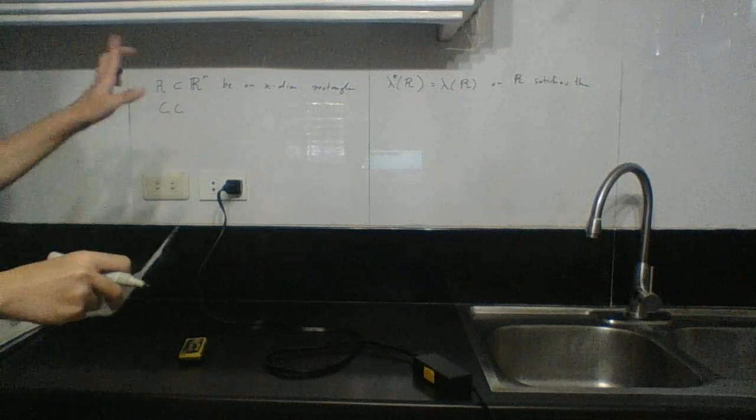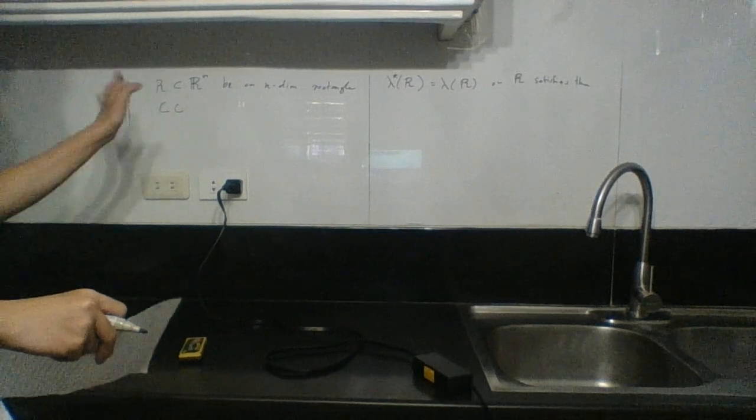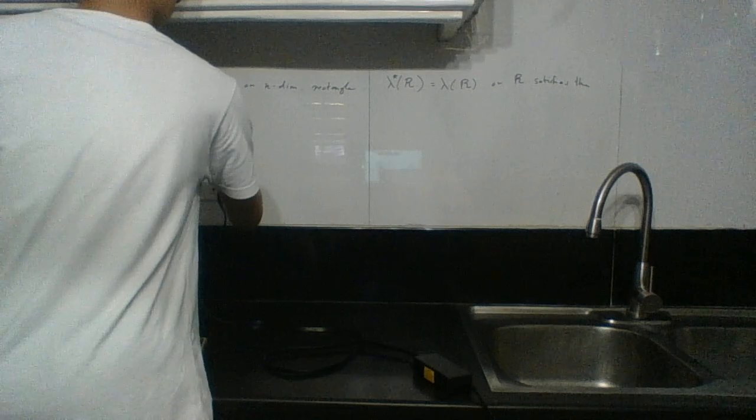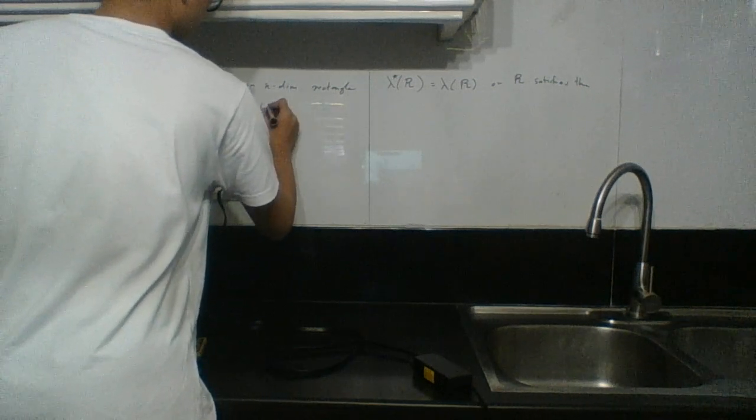Another thing to note is that when a set of R^n satisfies the Carathéodory criterion, we call it Lebesgue measurable. Or R is Lebesgue measurable.